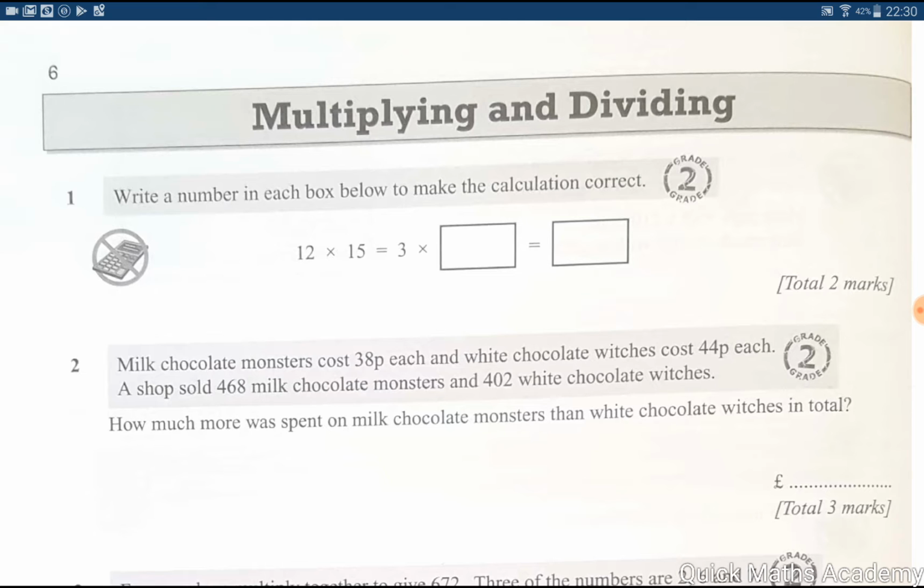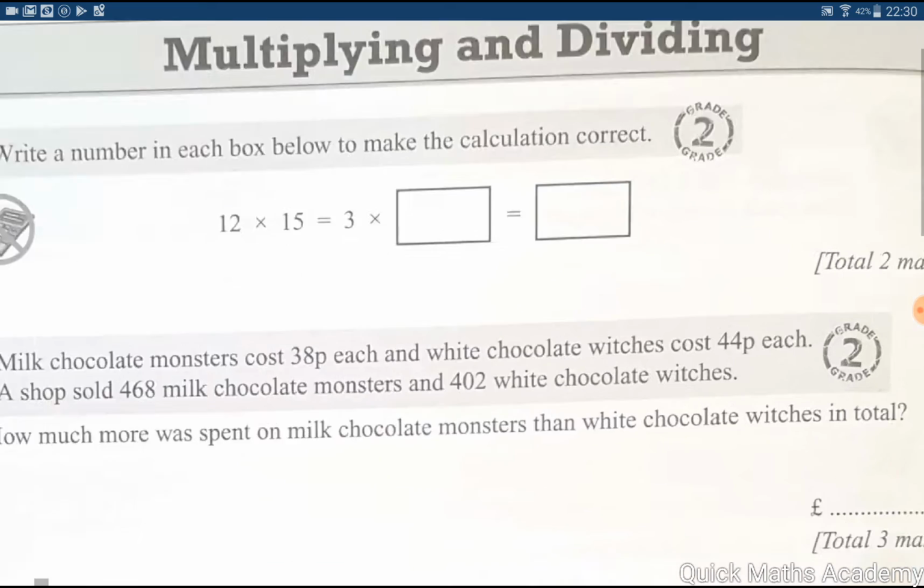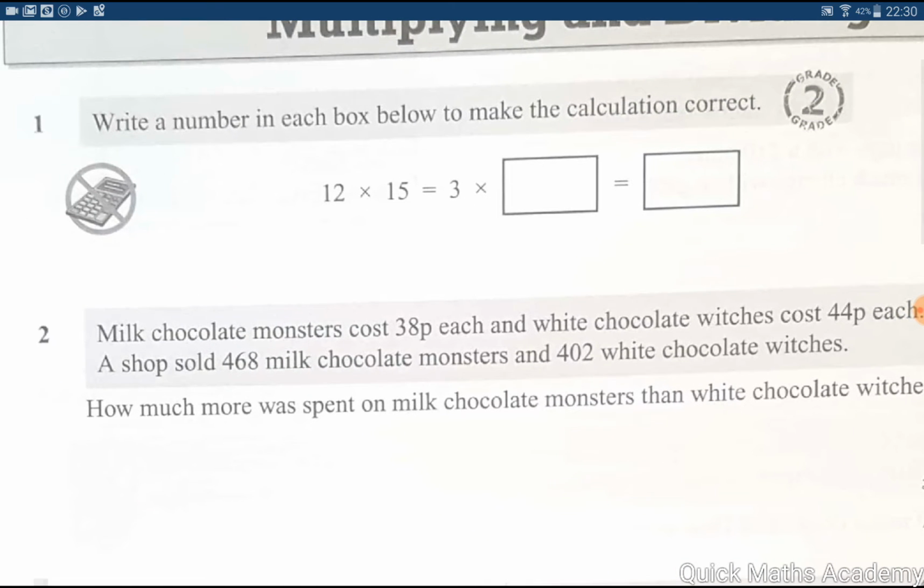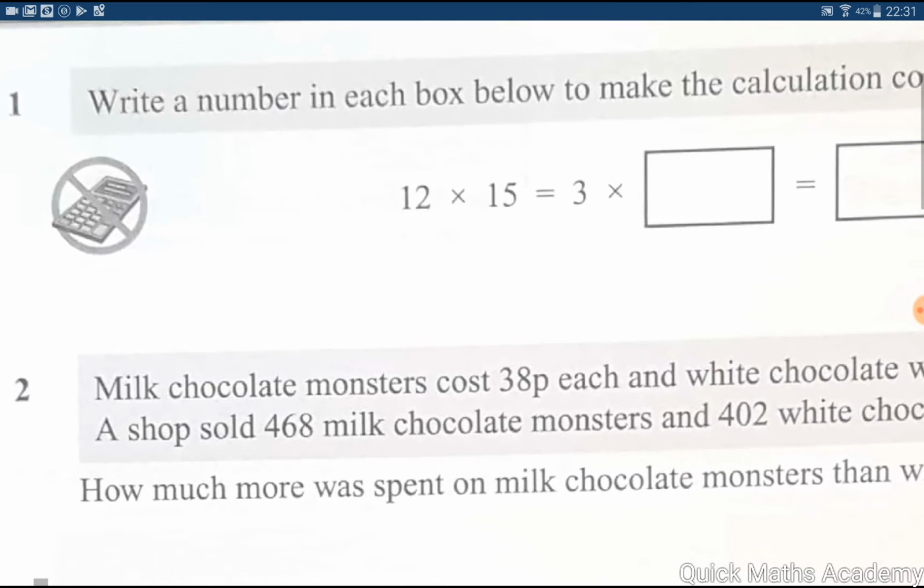Alright, so how do I do this? Well, this is a non-calculator exercise. So, I should start by doing 12 times 15, okay? Let's do it. 12 times 15.